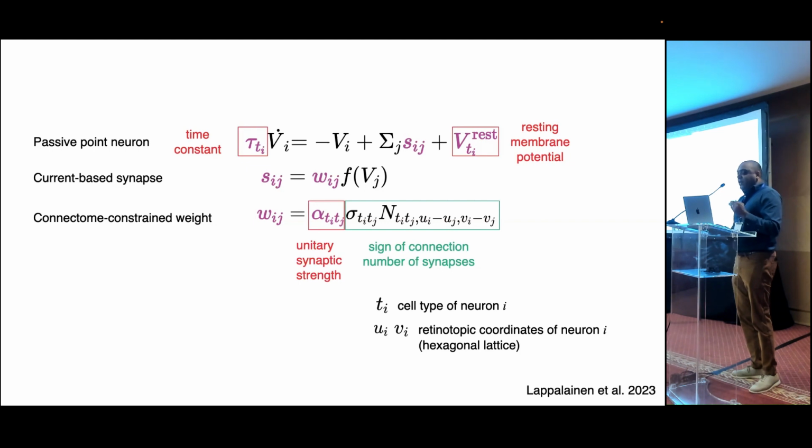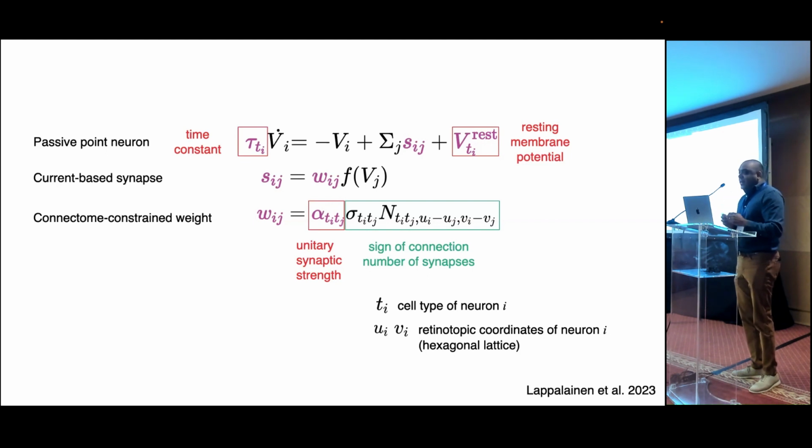That's basically the unitary strength of a single synapse. And in this model, what we've said is that that only depends on the cell type, because it should only depend really on what neurotransmitter was released at that synapse and what receptor was used to detect it. The rest of the details of the connectivity, the weights of a connection, are actually measured from the connectome.